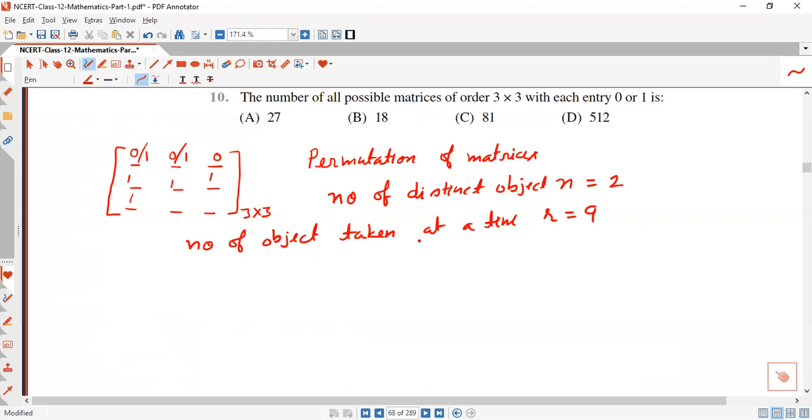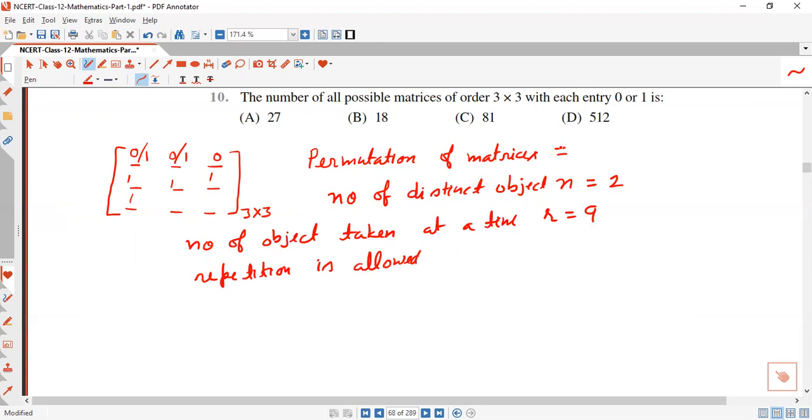So for the permutation of matrices, you know the formula. Repetition is allowed here, since you can put any number of zeros or ones.